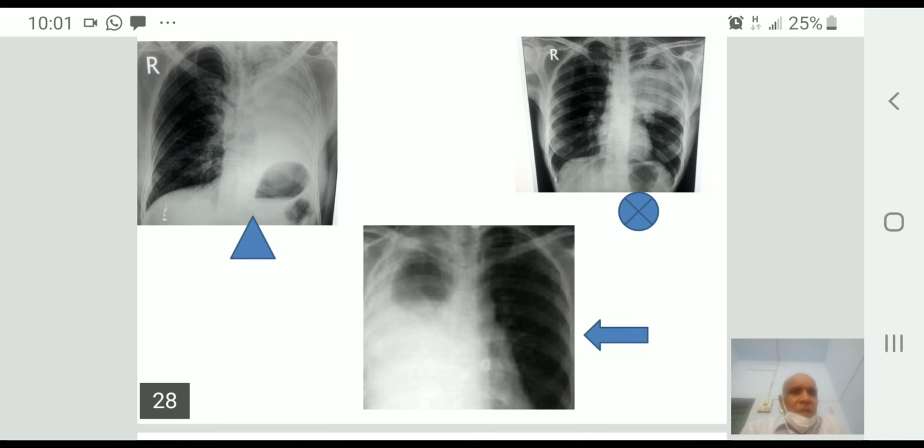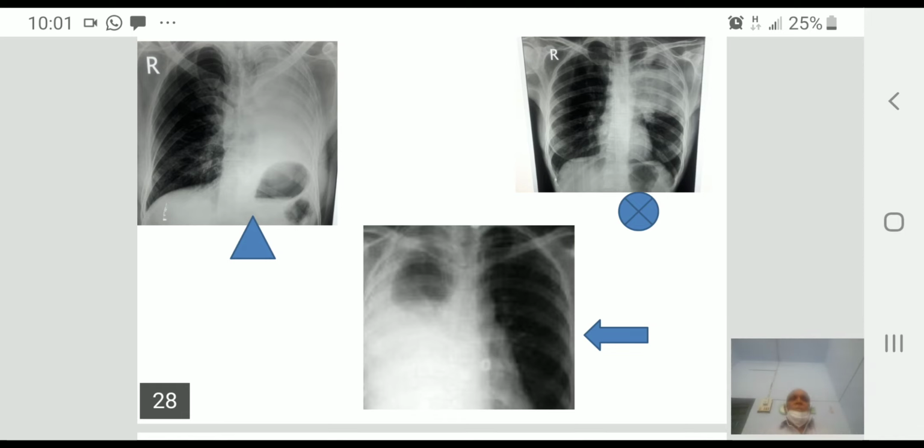And the third X-ray shown by arrow, radio dense opacity in the right mid and lower zone, and the dome of diaphragm on the right side is not visible.